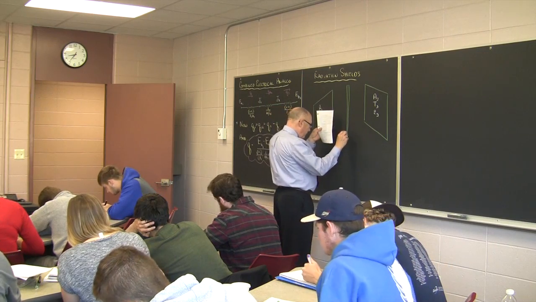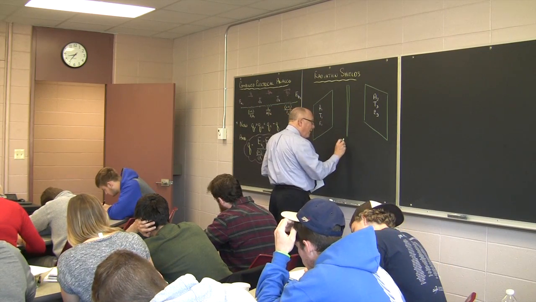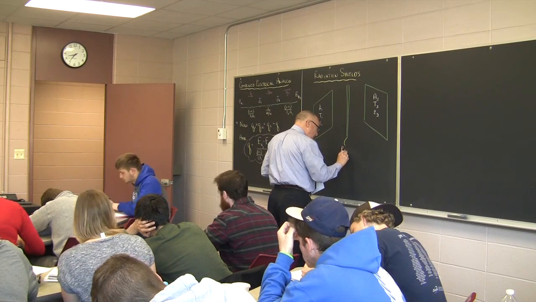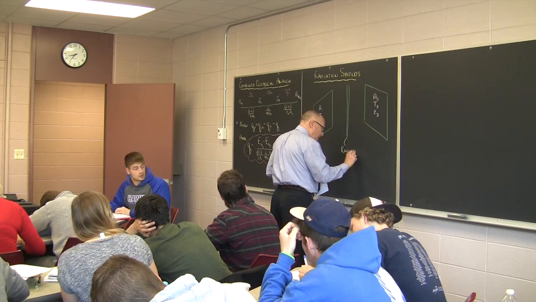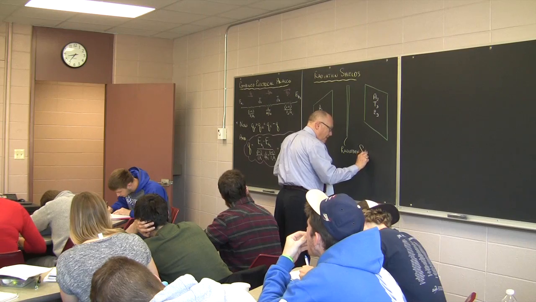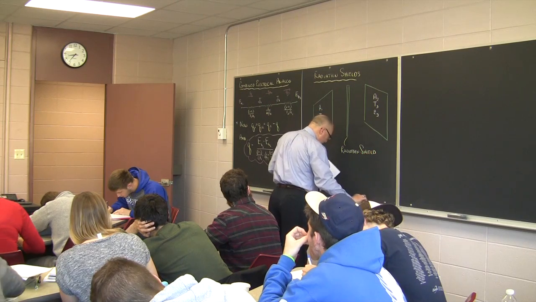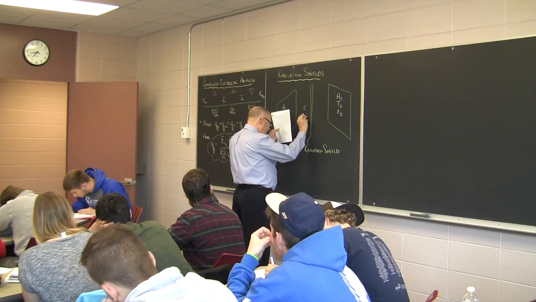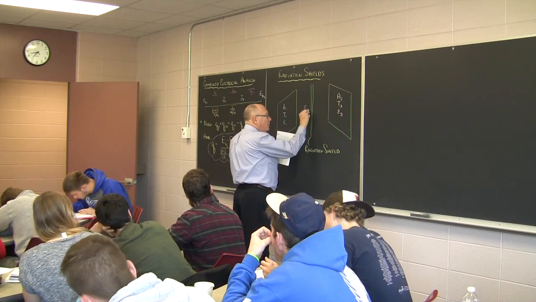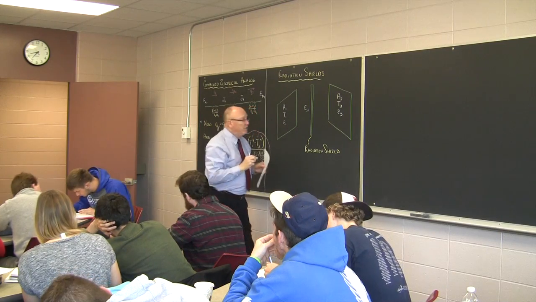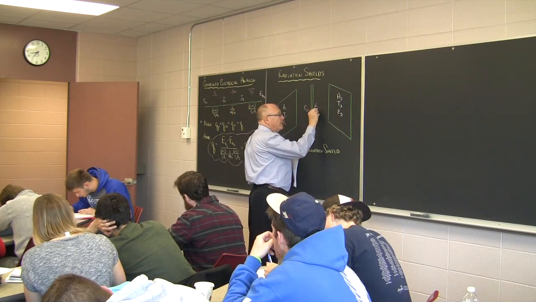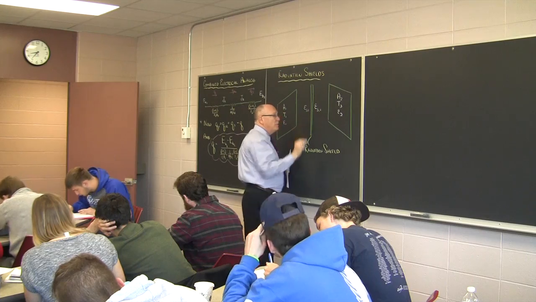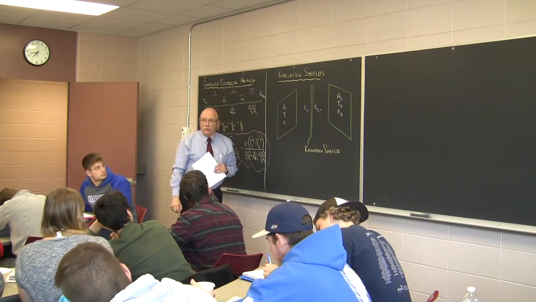And here, this will be our radiation shield, and it will have emissivity epsilon 3,1 facing side 1, and emissivity epsilon 3,2 facing side 2.